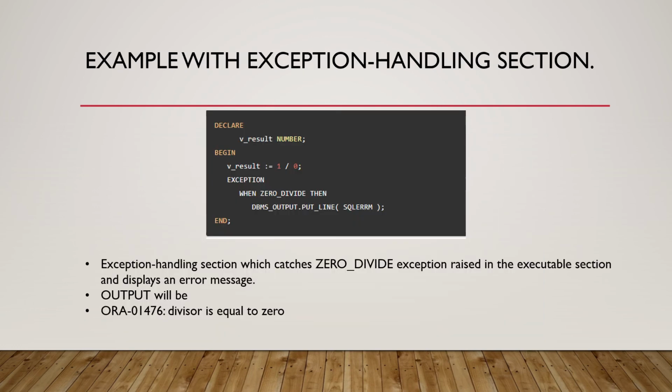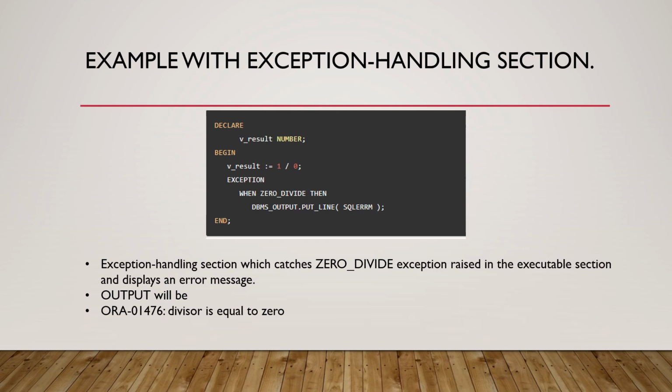Here I have an example with all three sections: declaration, execution, and exception handling section. In the declaration part, I have declared a variable called vResult, which is of type number. Here I just declared it, but I didn't assign any value.